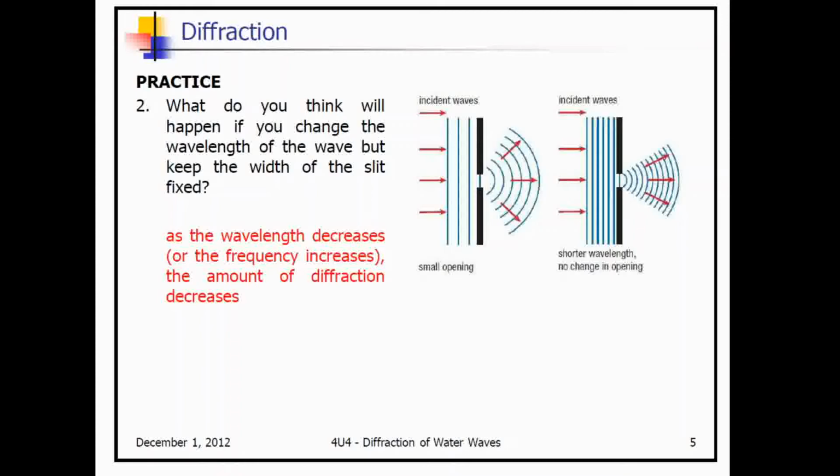If we increase the wavelength and keep that small fixed slit, then what we'll see is that as the wavelength increases, the diffraction increases, or as the wavelength decreases, the diffraction decreases.